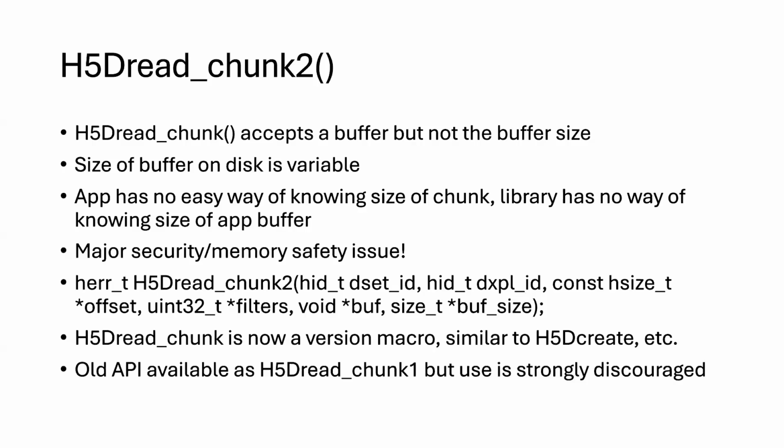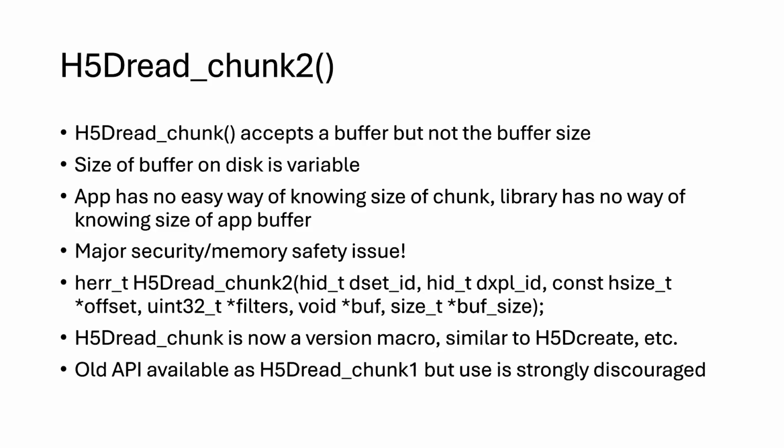H5Dread has a similar signature where it doesn't accept the buffer size, but for H5Dread it's not an issue because the needed size of the buffer is well defined by the extent of the dataspace and the size of the data type. It's very simple to calculate exactly how big that buffer needs to be by multiplying those two things.